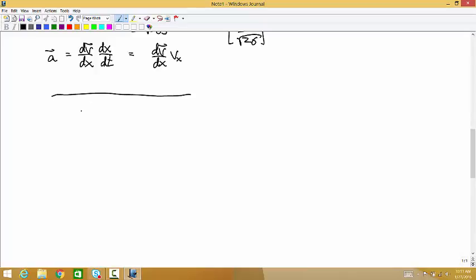So let's say the path is y squared, y. And let's say the particle's moving in the direction of negative y, just so you see how that one works.